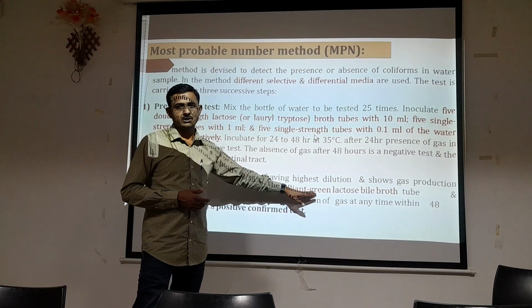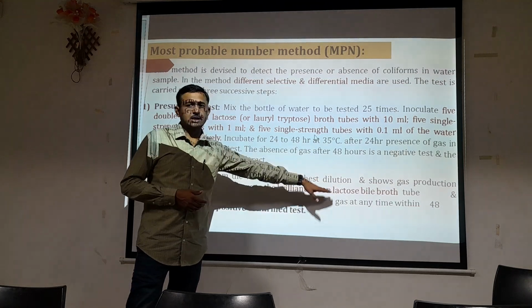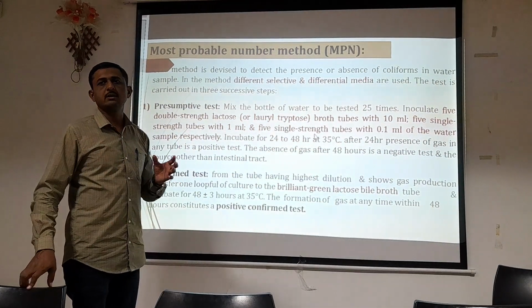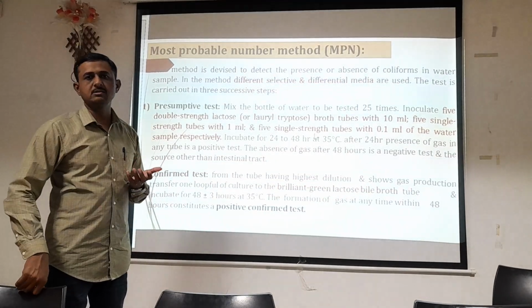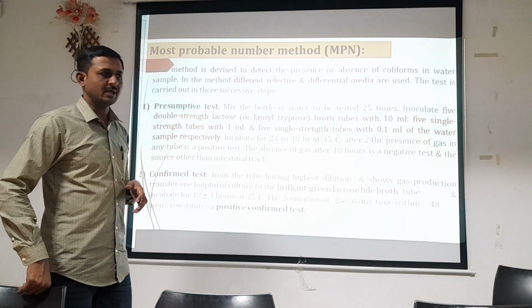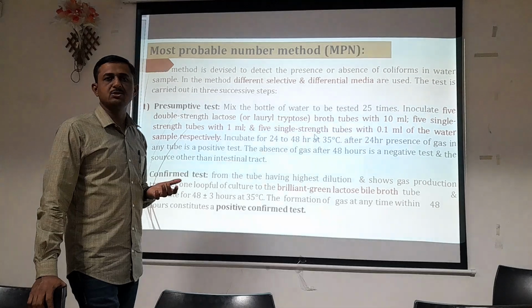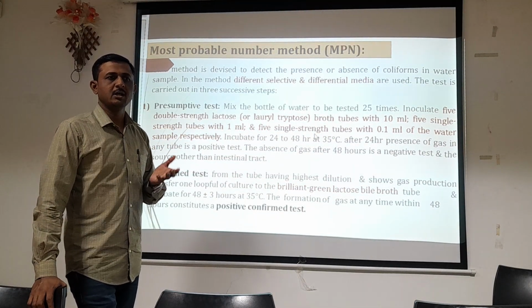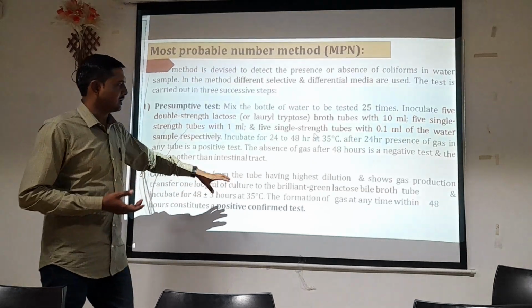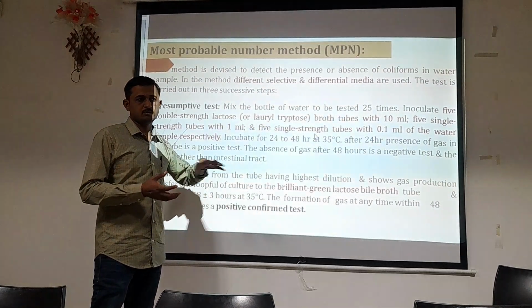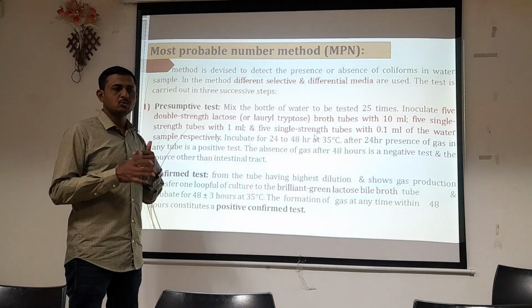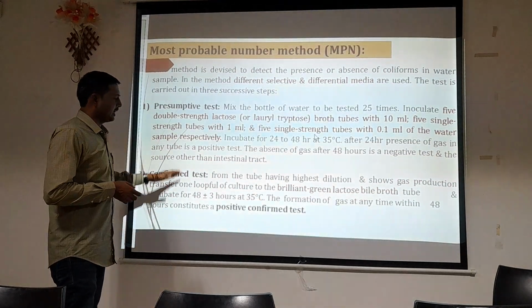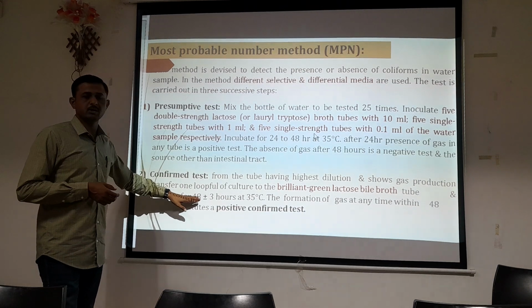Brilliant green is nothing but a pH indicator, lactose is a sugar, and bile salt inhibits different types of organisms, that is, gram positive organisms. In the presence of bile salt only intestinal pathogens can survive, as we have to determine the fecal coliform. So here you have to use selective media which allow the growth of only enteric pathogens, and incubate this tube for 48 hours.